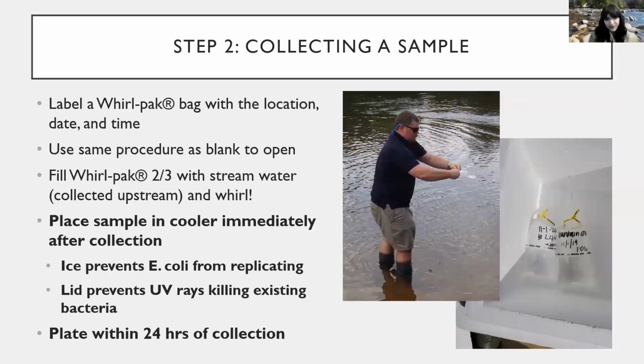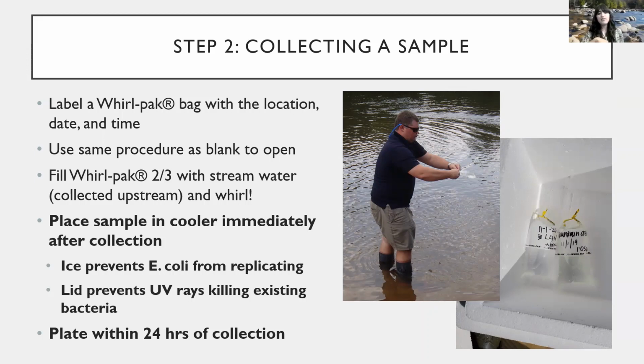So step number 2 is going to be actually collecting our sample. We have our blank prepared. Make sure you take the cooler out with you, and it's time to head out to your site. With your Whirlpack bag, you're going to label it with the location name, your site name, the date, and the time you are collecting your sample.